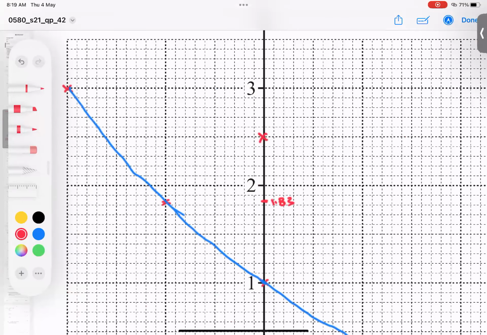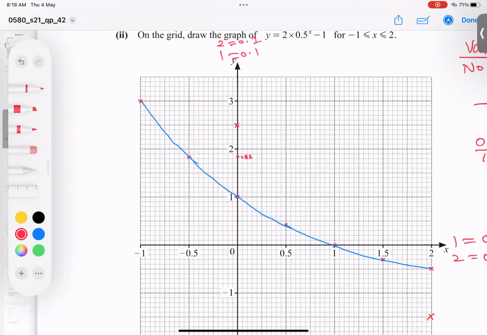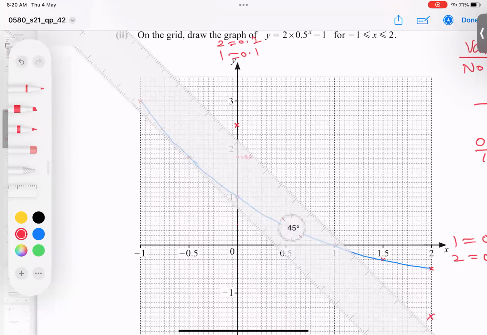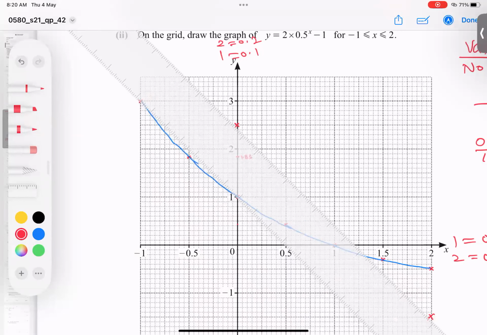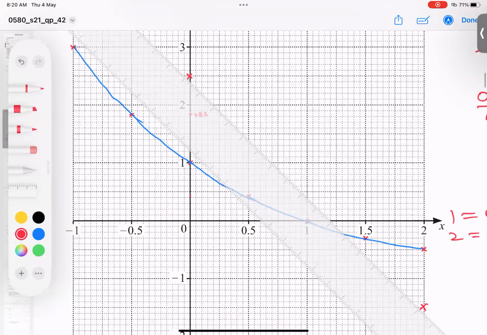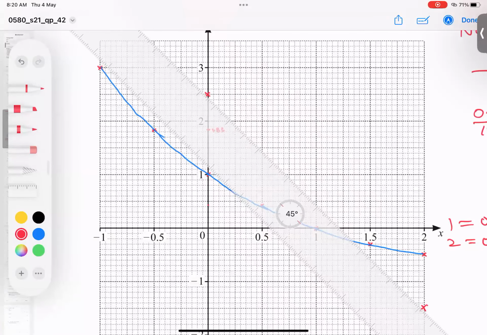Now I'm going to draw. So take a scale and join them. So join these 2 points. Okay, so this is a line coming.